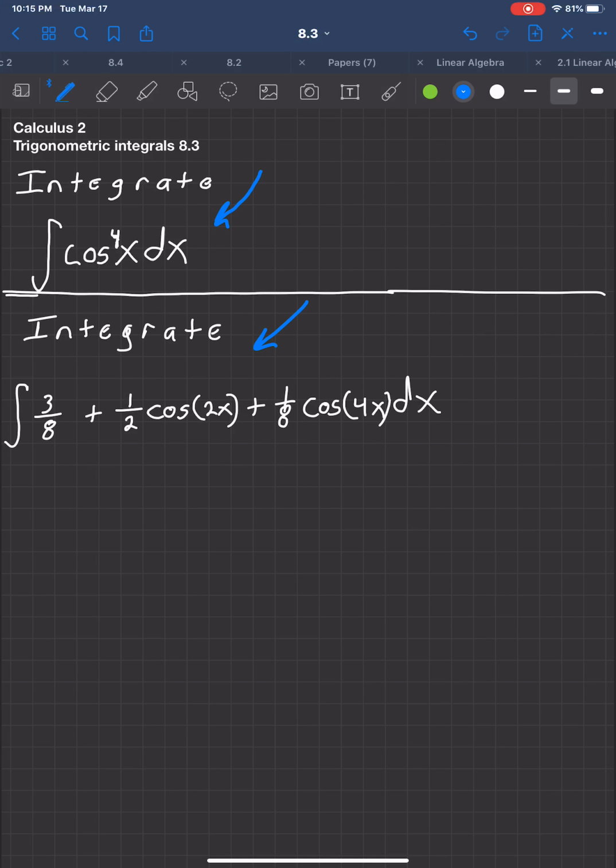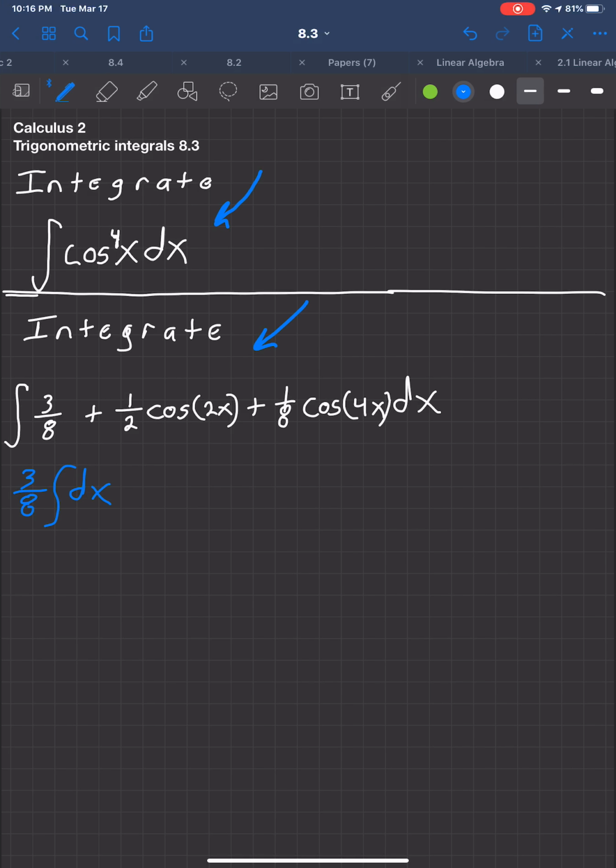So for the sake of time, let's just go ahead and finish this. We can split all of this up into the sum of three integrals. If we do, it would look something like this. We would have 3/8, which we would integrate. Notice I'm bringing that 3/8 out front of the integral.